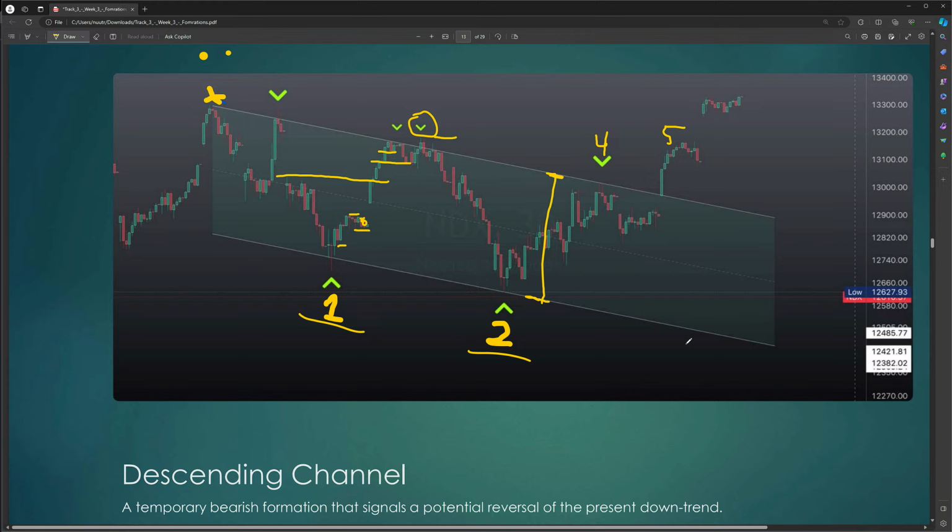Okay? Temporary bearish formation because it's creating lower highs, right? So these are your highs. Every single time price action goes up like this, that is a high. Every single time price action goes back up, another high. But for some reason this high is lower than this one. So that's why it's called lower highs. Right? And this is why this is a low here, peak, right? It goes up and then another low.